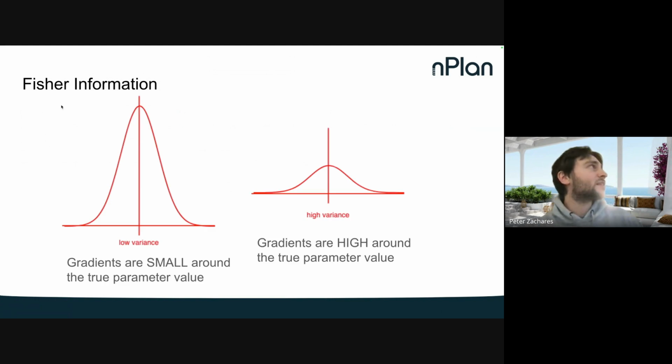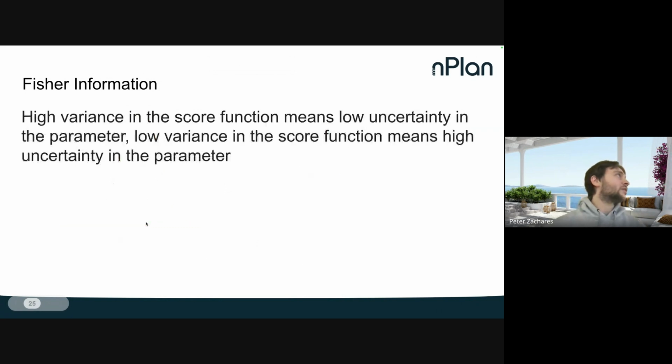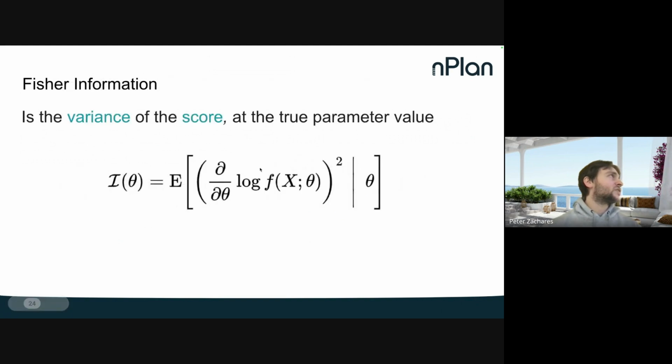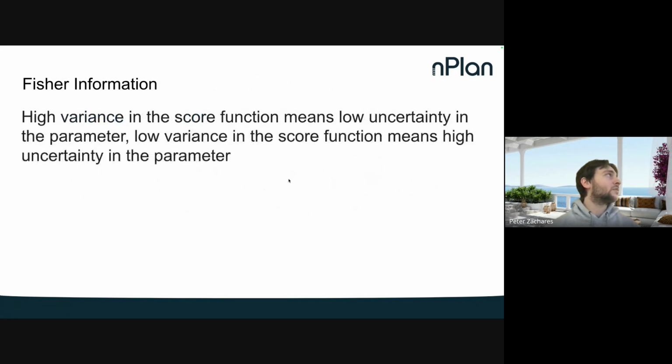So why is this the case? Again, we have a low variance distribution here and a high variance distribution here. One thing to remember about the score function is that it's the derivative, or the gradient, with respect to the parameters of the log likelihood function.